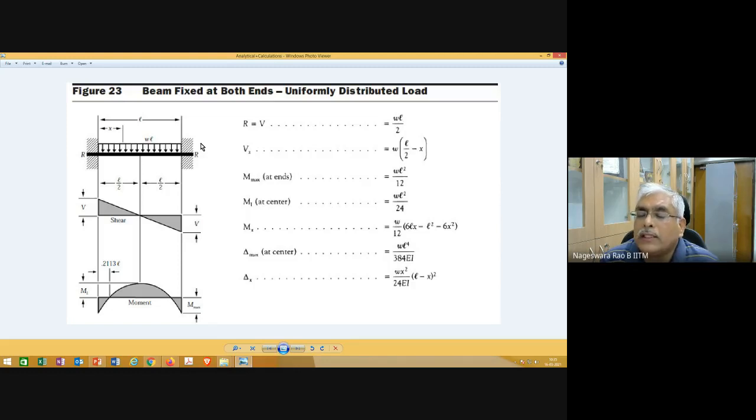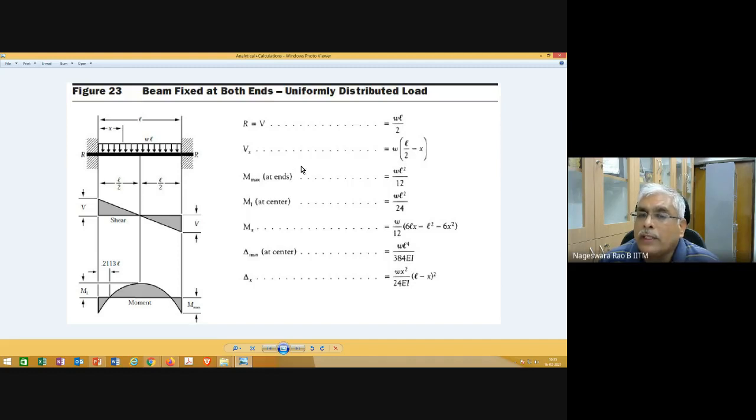So now, if that is the relation, please check. X is equal to 0 corresponds to S is equal to 0. X is equal to L corresponds to S is equal to 1. This is clear.